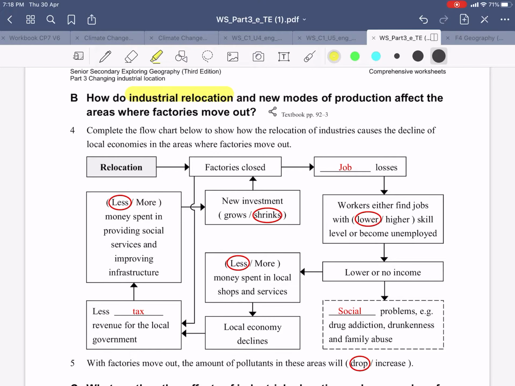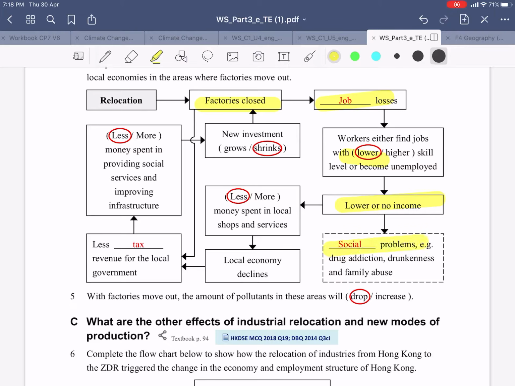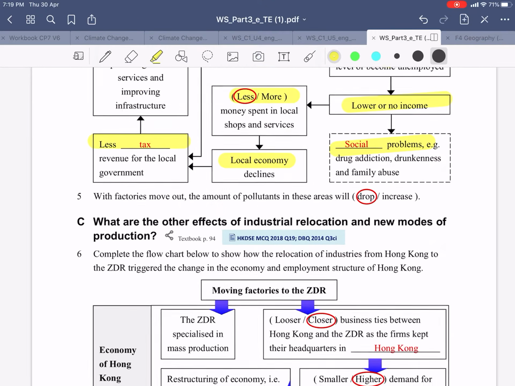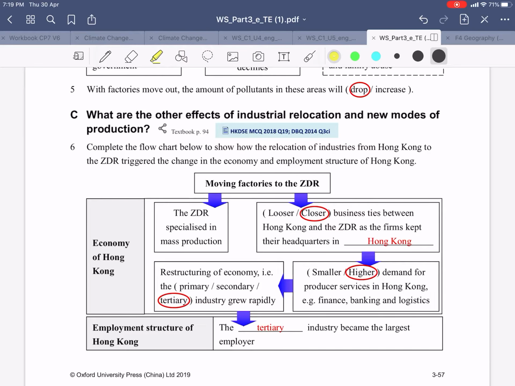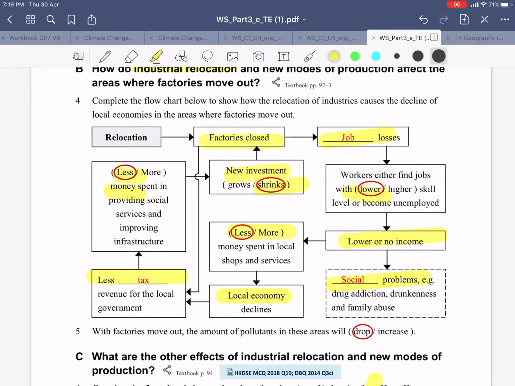Once the factory closes, there is job loss, and then unemployment, low income, social problems, and then less money in the local shops and services, and then local economic decline, less tax revenue, and less money, so new investment shrinks. Okay, so this multiplier effect can be reversed.